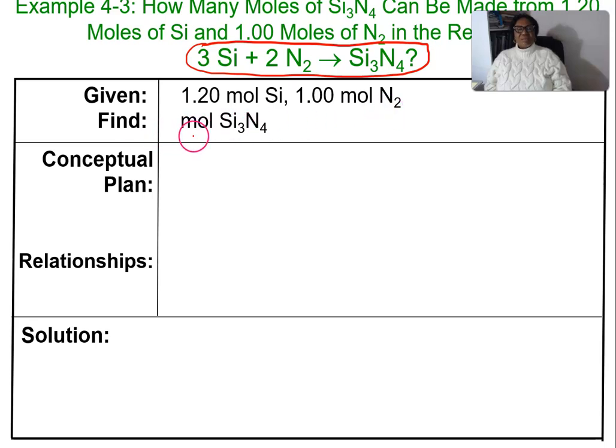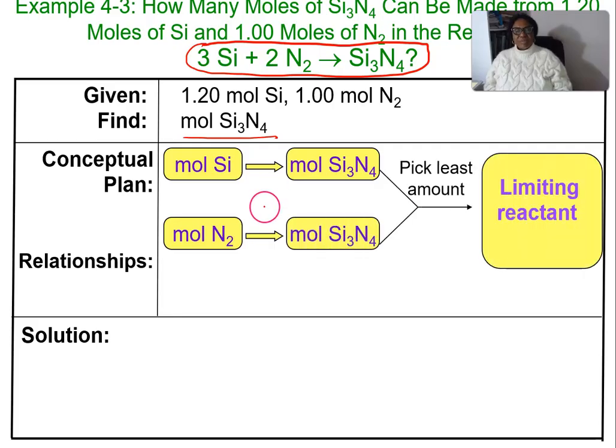And we want the number of moles of trisilicon tetranitride. That's what we are searching. So our plan is to move from moles of silicon to moles of trisilicon tetranitride, then from moles of nitrogen to moles of trisilicon tetranitride. That which gives us the least amount of moles is the limiting reactant. So these are the mole ratios.